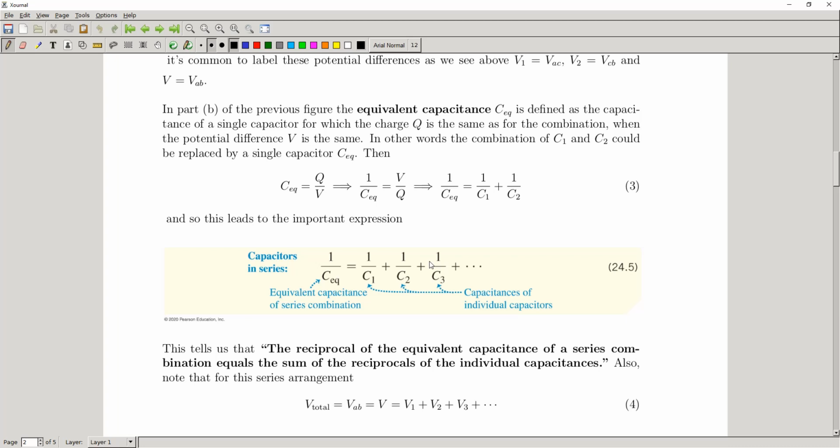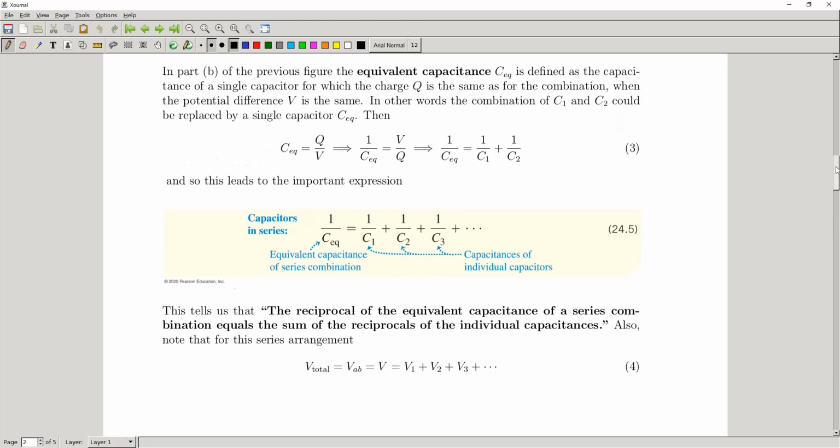Basically, this says that the reciprocal of the equivalent capacitance in a series of capacitors is equal to the sum of the reciprocals of the individual capacitors, which is just this quote from the text that I have down here. So this equation is really the takeaway message, and we're going to do examples, so we'll see how it all works out afterward.